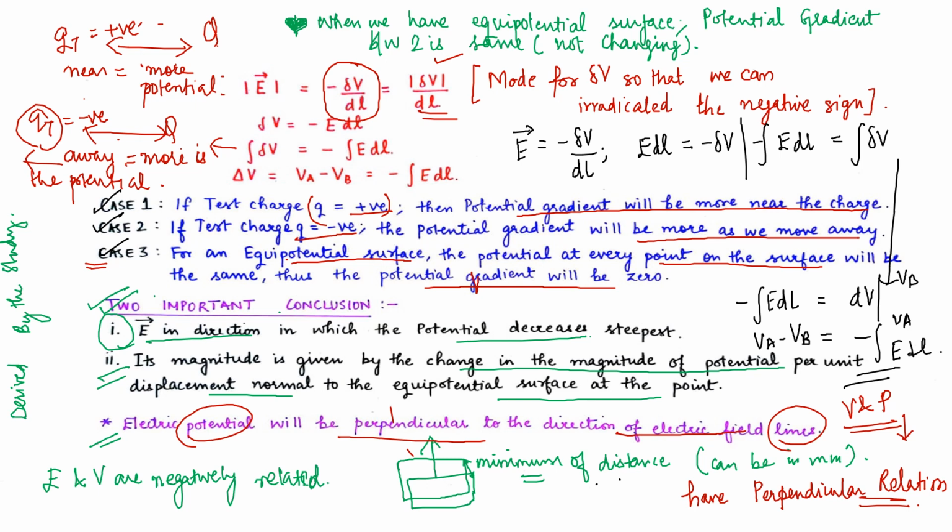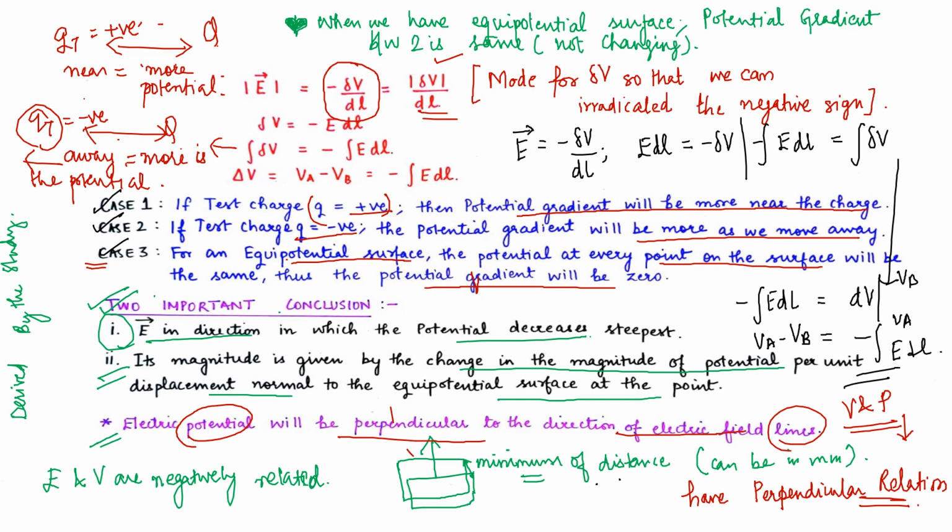We will just make a quick summary where I will not write and just give you the verbal summary. In this topic we have understood the relation between electric field and potential. Electric field and potential are negatively related to each other, and the electric field with respect to potential is given as dV equals minus E dL.